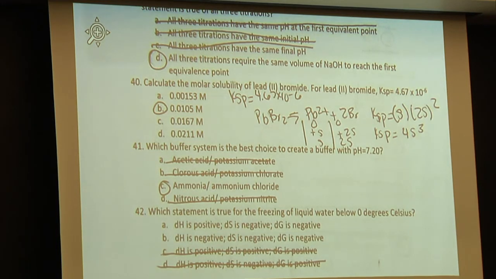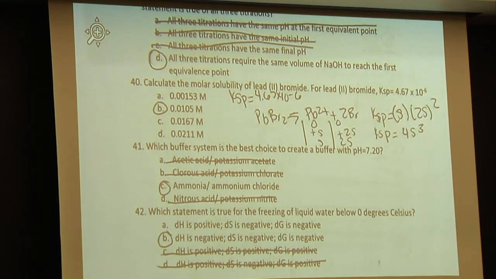Exo. I always think of it as you need energy to break bonds. In this case, you're making bonds, so you're going to be releasing energy. So your delta H should be what? Negative.